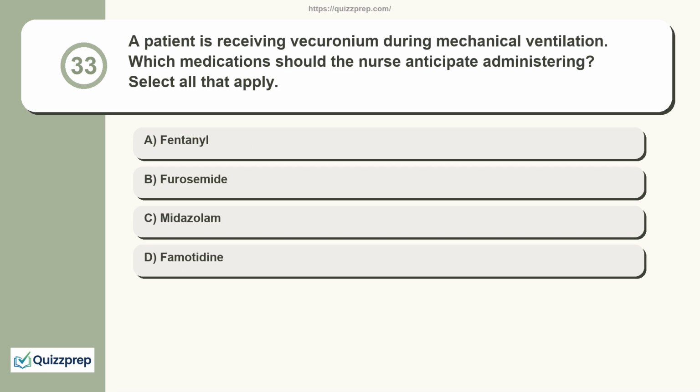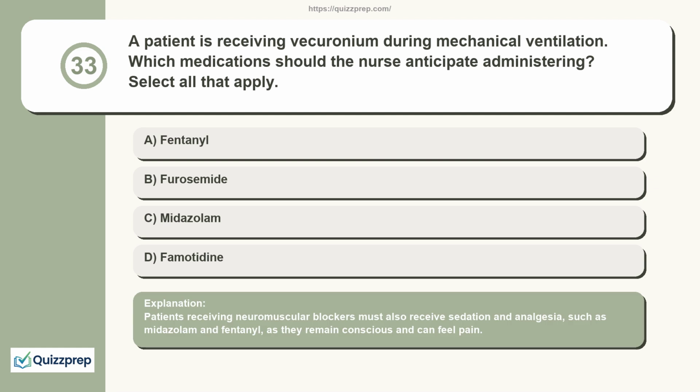A patient is receiving vecuronium during mechanical ventilation. Which medications should the nurse anticipate administering? Select all that apply. Fentanyl, furosemide, midazolam, famotidine. Patients receiving neuromuscular blockers must also receive sedation and analgesia, such as midazolam and fentanyl, as they remain conscious and can feel pain.